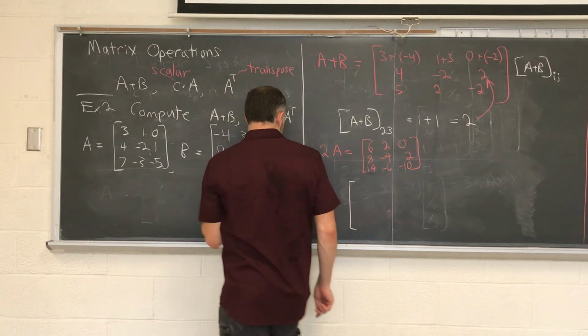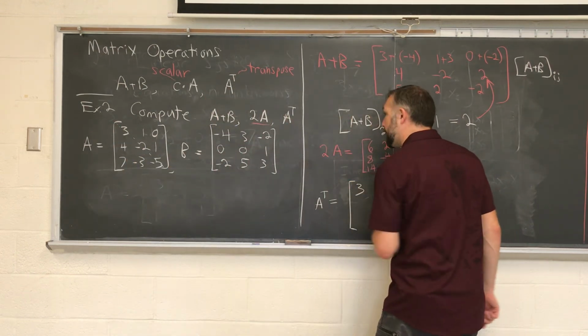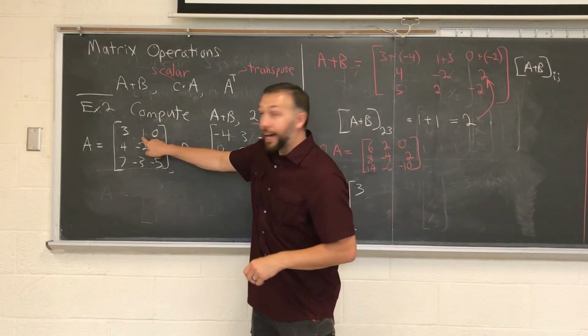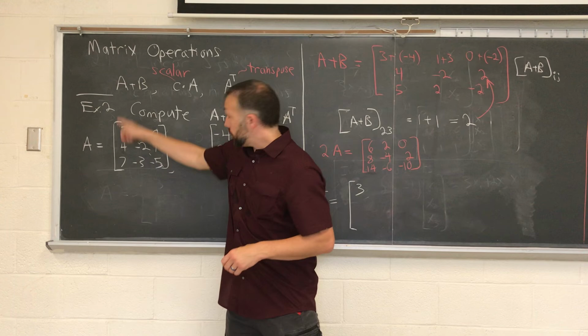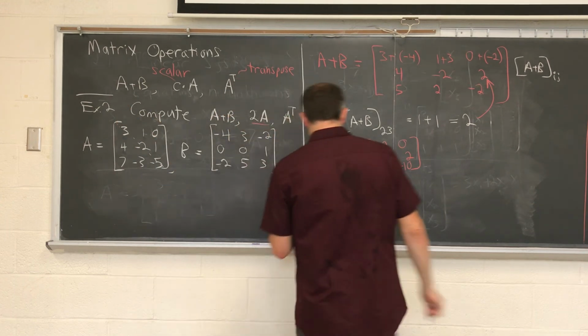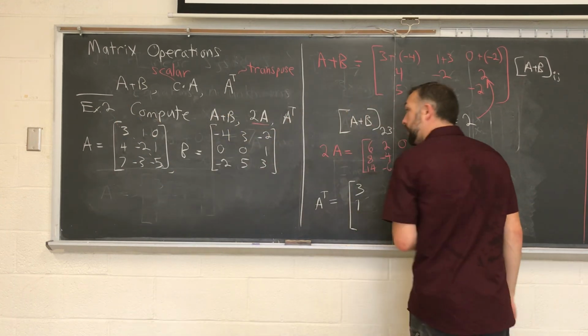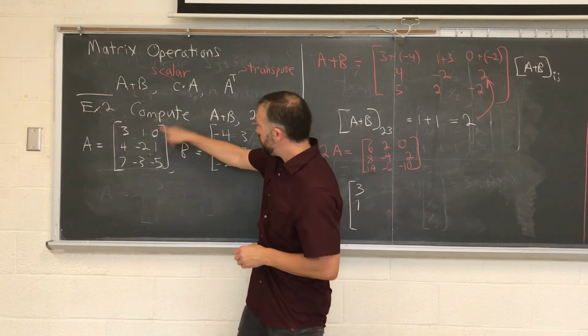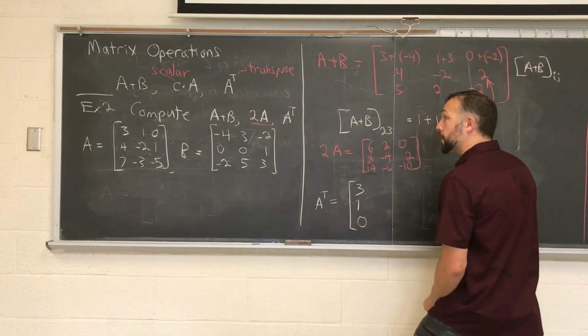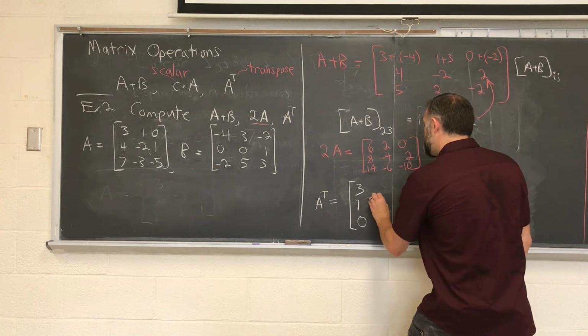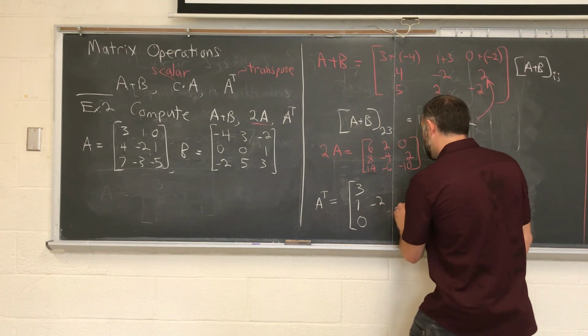Okay, in other words, the 3 stays put by the mirror symmetry. The 1 reflects from the top middle entry to the middle entry of the first column then. Okay? And then this 0 flips to that bottom left corner. Okay? Nothing on the diagonals changed, so we can copy those in a little faster here.